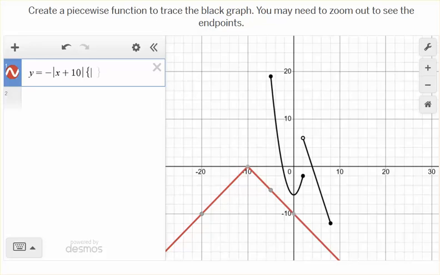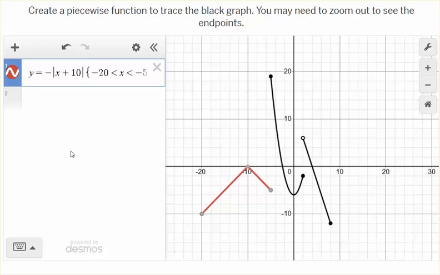This is next to the P. So -20 is less than x, which is less than -5. Close that bracket. And I can tell that I line up perfectly. So I'm done with the first part of my piecewise function.